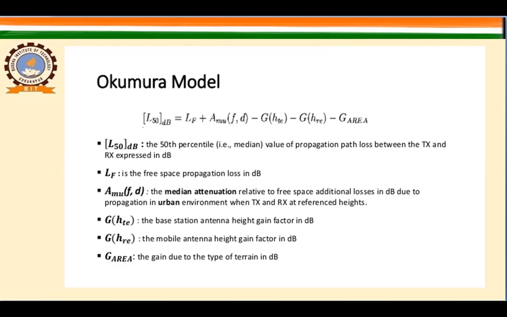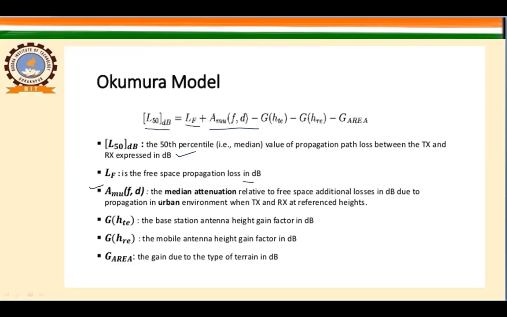L50 in dB is the 50th percentile, that is the median value of propagation path loss between transmitter and receiver expressed in dB. LF is the free space propagation loss in dB. AMU of F and D are the parameters.